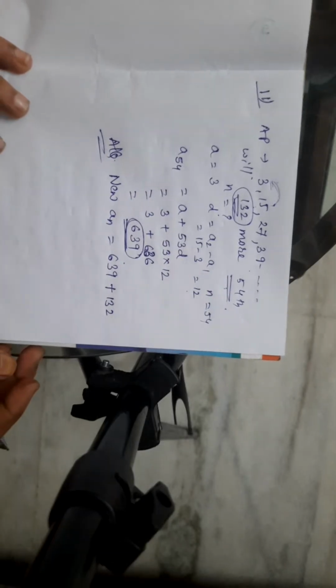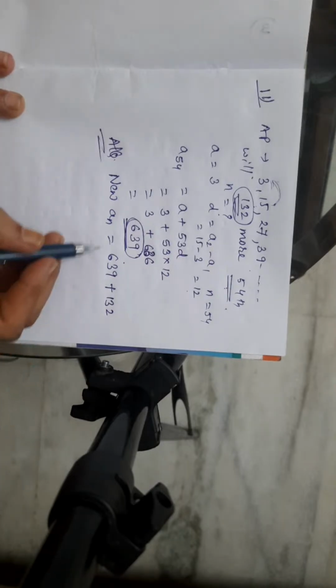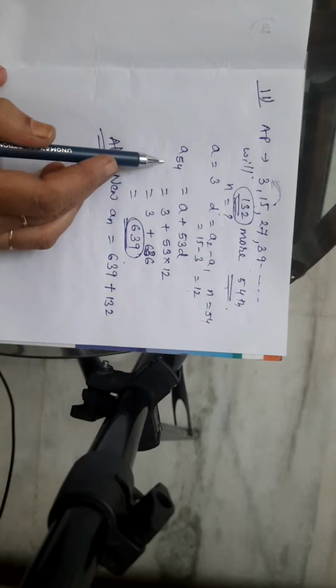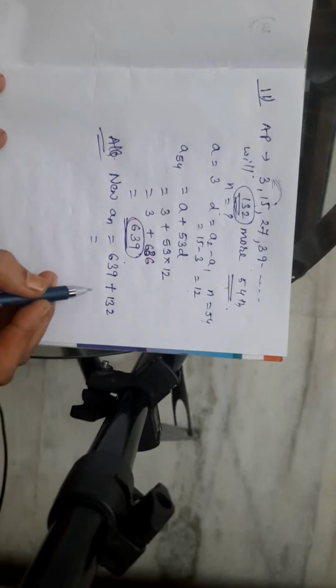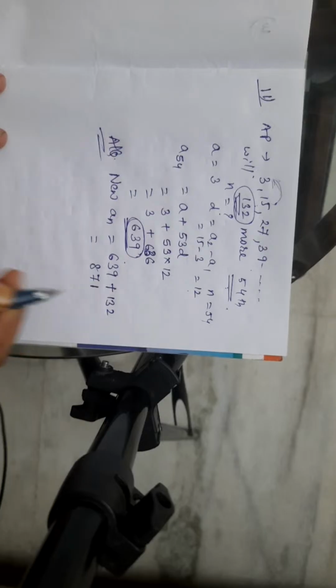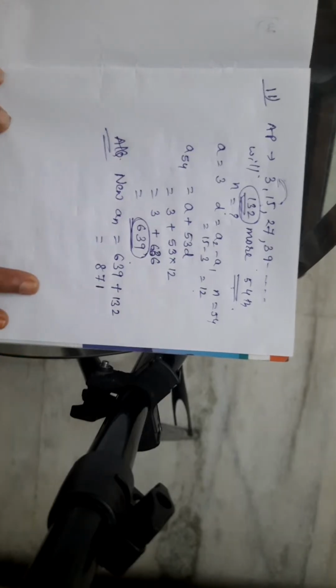So first we calculated what is the 54th term. Then we'll be adding 132 to that. So if I add 132, here it will be 771. Now we need to calculate the value of n.